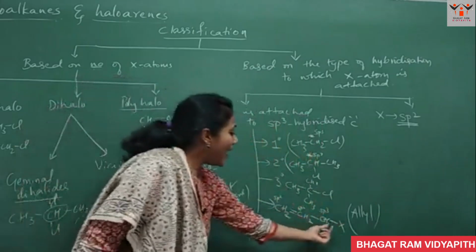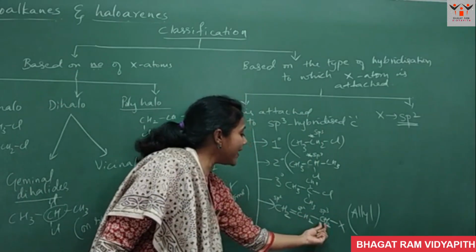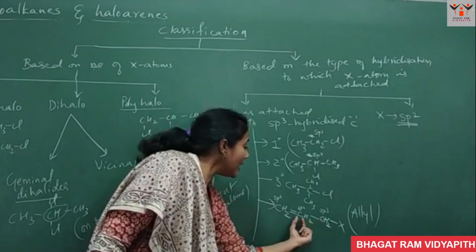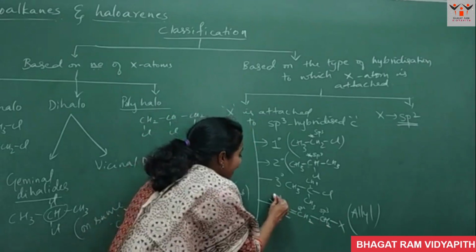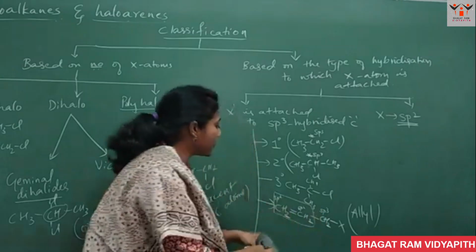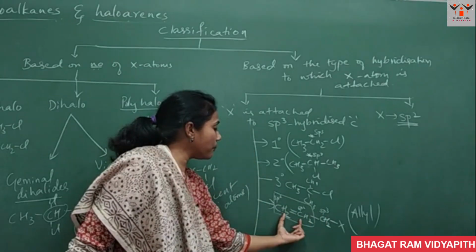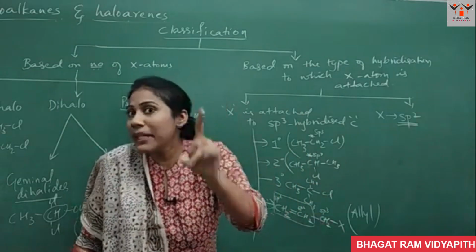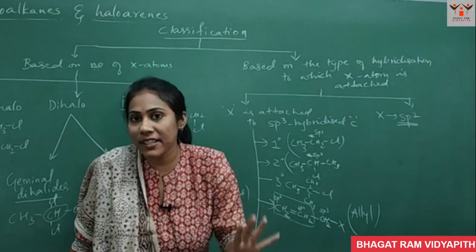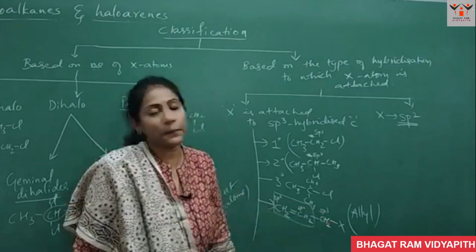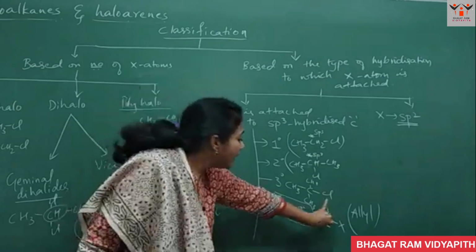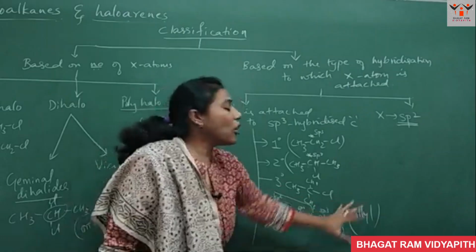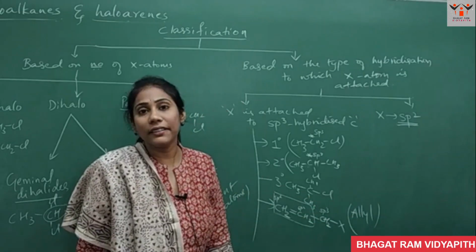Halogen is attached to an sp3 carbon. That sp3 carbon is in turn attached to unsaturated carbons. So this is an unsaturated group. To this unsaturated group there is a carbon, but that carbon is saturated because it has all single bonds around. It has sp3 hybridization. If X is attached to that carbon, then it is called an allyl haloalkane.